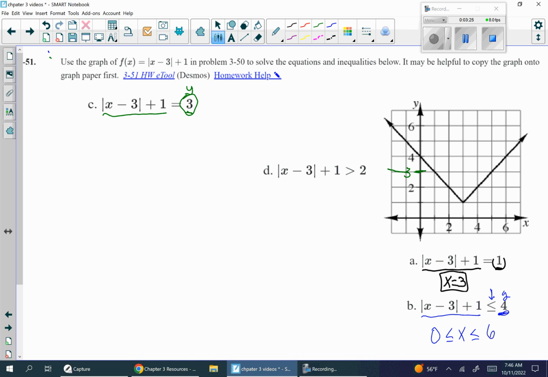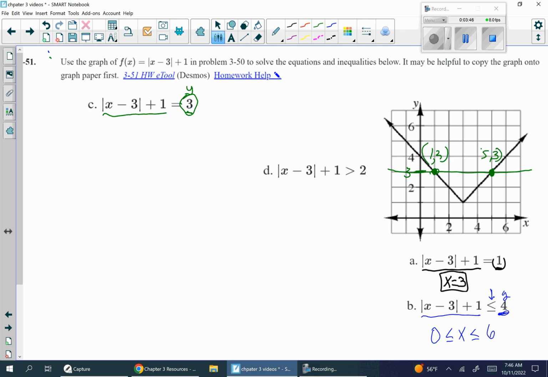Well, if I draw my little horizontal line, remember it's not asking for a greater than or a less than. We're just looking at where it is exactly 3. So that would be this point right here where my output was 3, and we have another here where the output is 3. So our ordered pairs are 1, 3, and that looks like 5, 3.